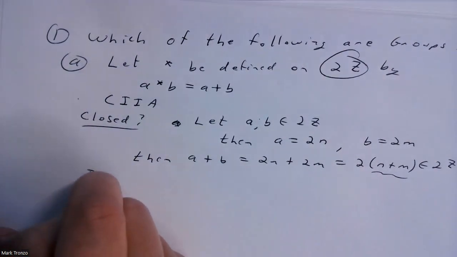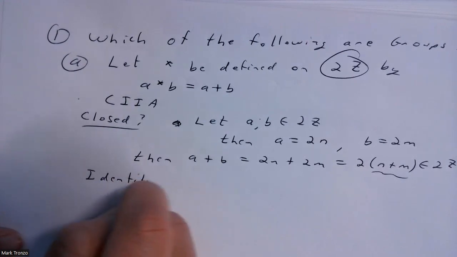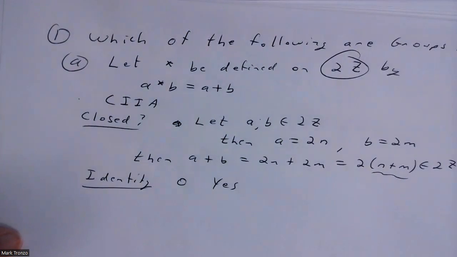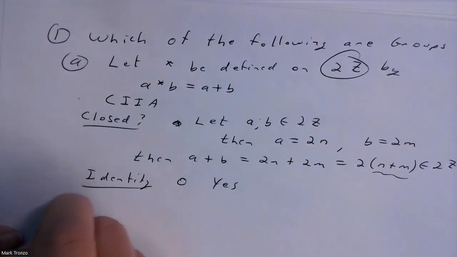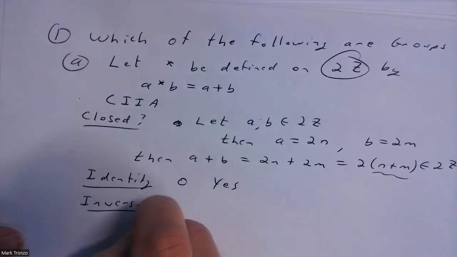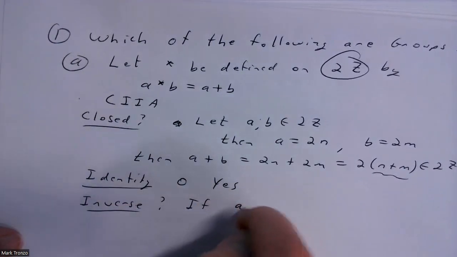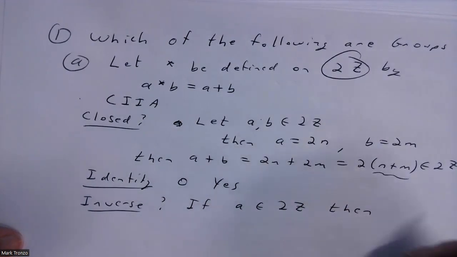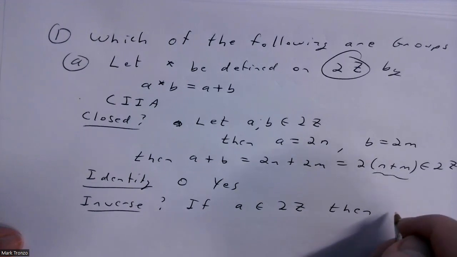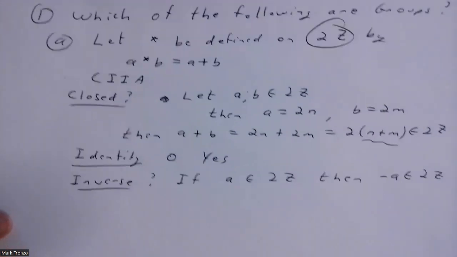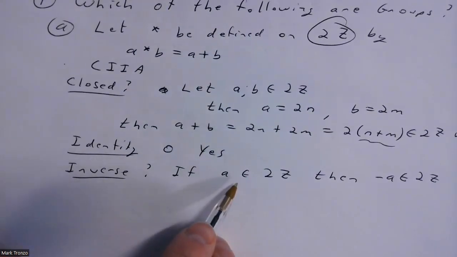And do we have an identity? Again, this would be the additive identity. And yes. And the inverse, does each one have an inverse? If A is in 2Z, then negative A is also in 2Z, because it's just going to be the negative of whatever you have.